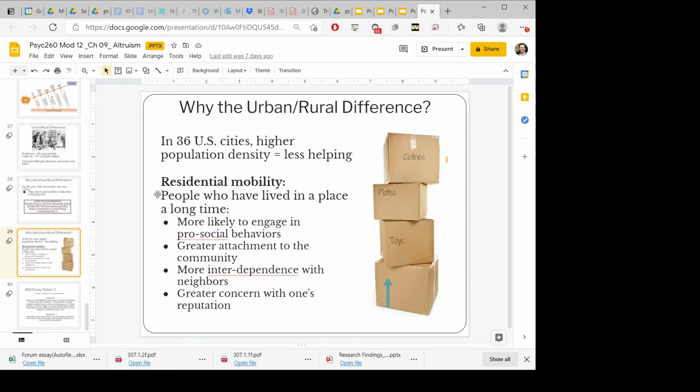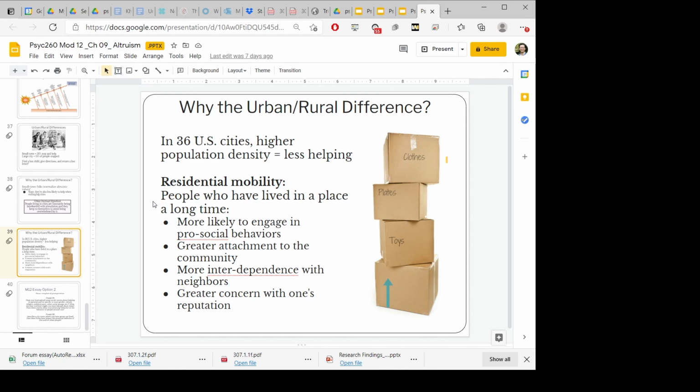People who have lived in a place for longer have a higher sense of community. So they would engage in more pro-social behaviors, have greater attachment to the community, feel more interdependence with their neighbors, and have greater concern with their reputation in the community because they live there for a long time.